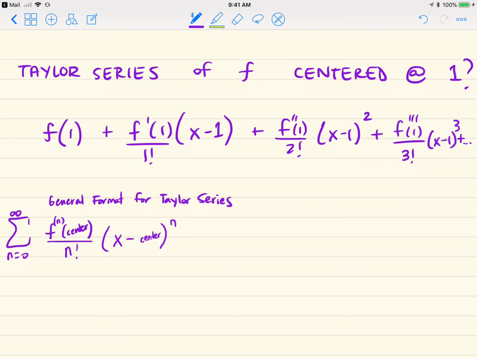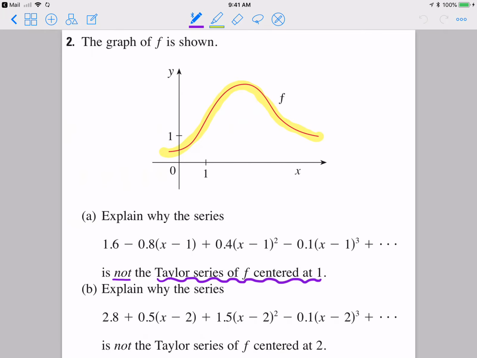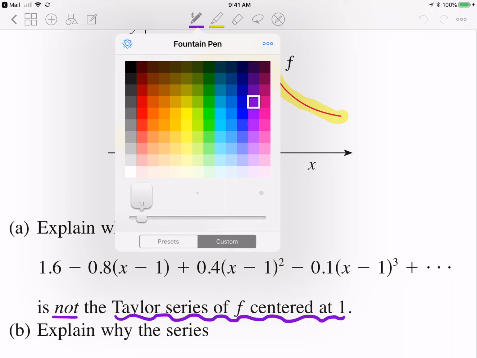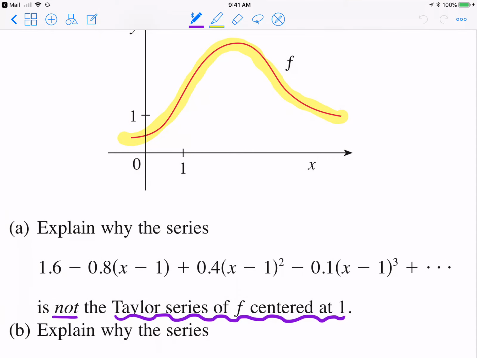Okay, so now we are given 1.6. So if this is the Taylor series, then this would be f of 1 plus f prime of 1 times (x minus 1) plus f double prime of 1 over 2 times (x minus 1) squared plus f triple prime of 1 over 3 factorial, because we've really got all of these factorials, times (x minus 1) cubed plus dot dot dot.